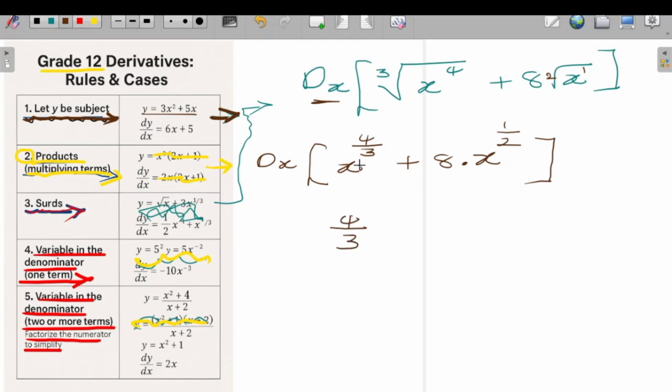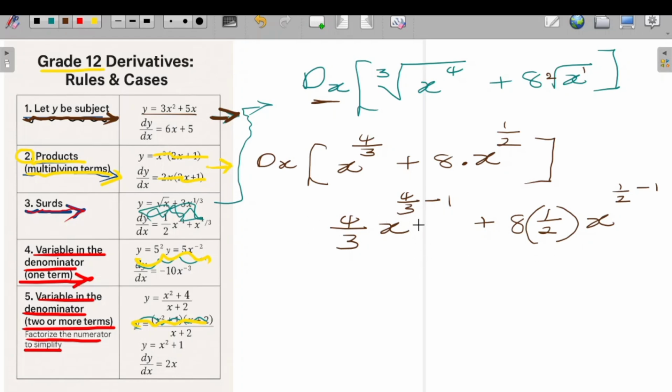So this will be 4 over 3, because we said 4 over 3 times 1. It doesn't change, because anything times 1 is the same. And here we have x to the power of 4 over 3 minus 1, plus 8 times 1 over 2 times x to the power of 1 over 2 minus 1.